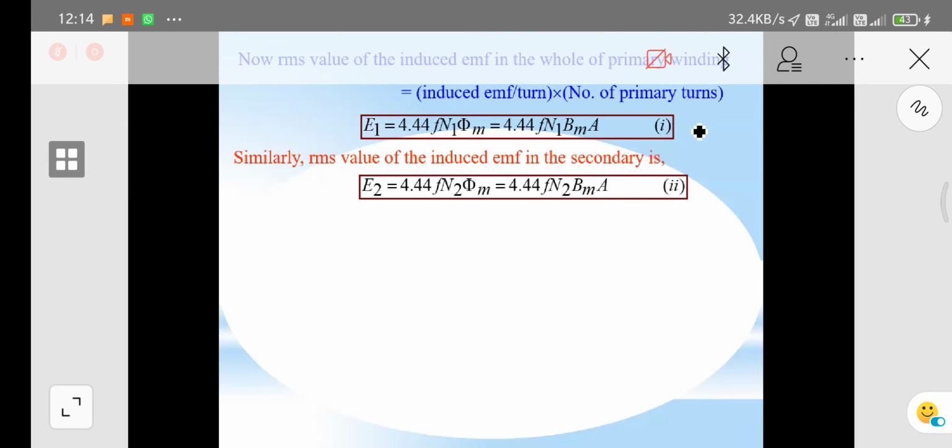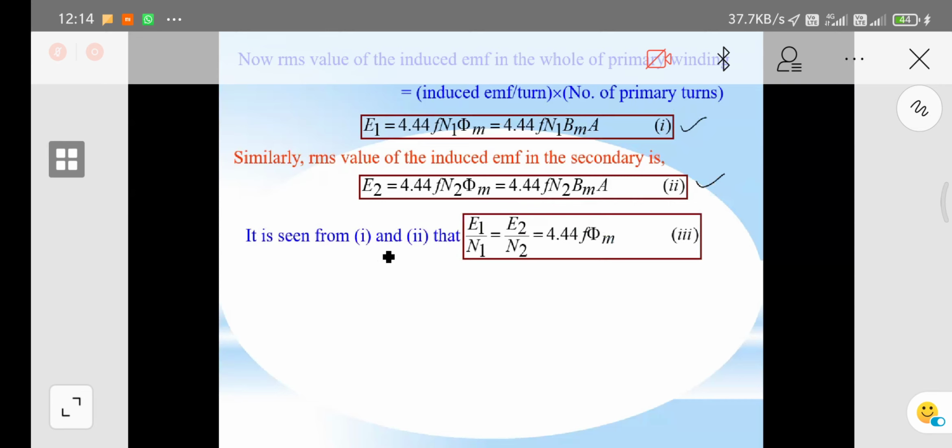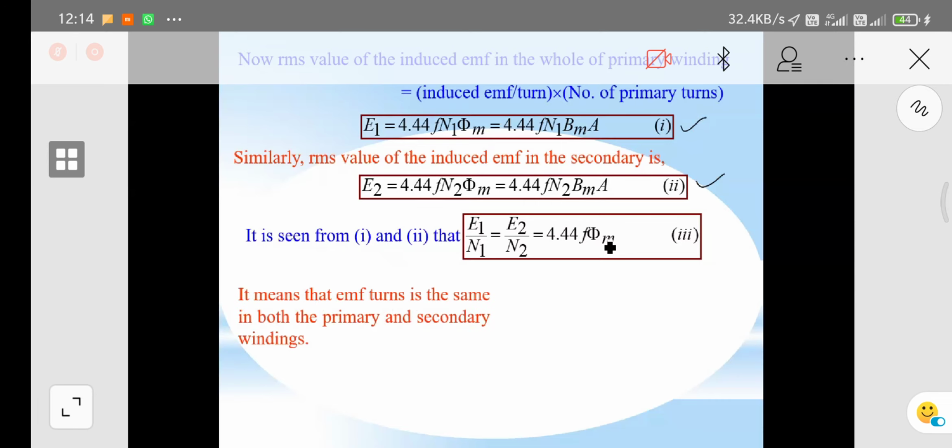So from these equations, you can get some relation. It is seen from equations 1 and 2 that E1 by N1 is equal to E2 by N2, which is equal to 4.44 f Φm. This is the third equation. It means that the EMF per turn is the same.